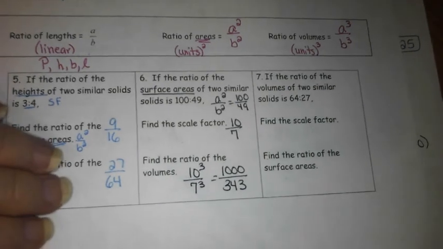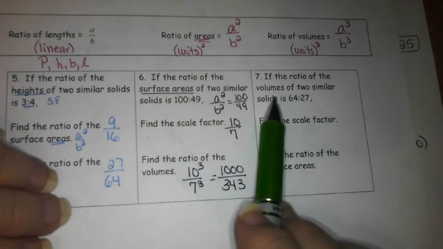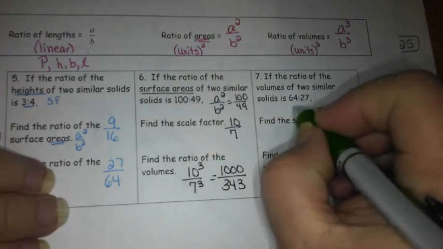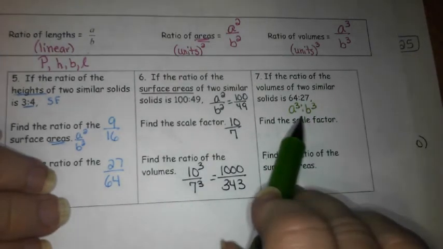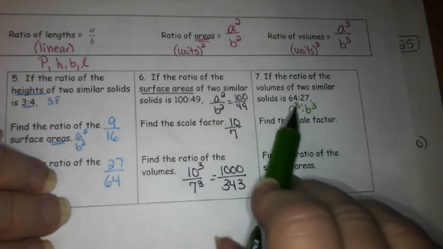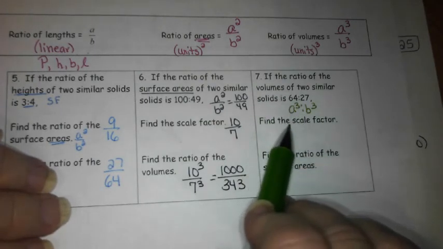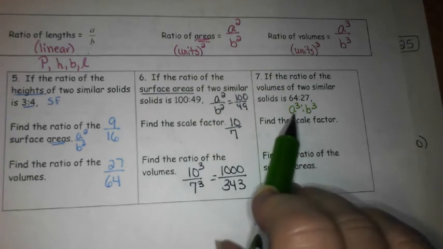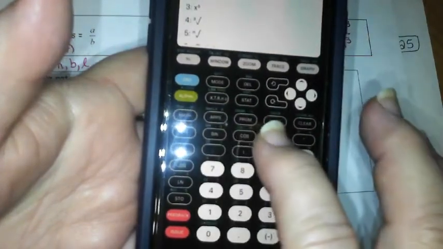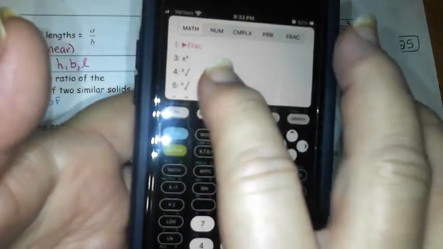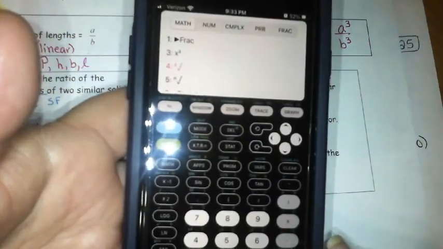And this last one, we gave you the ratio of the volumes. So remember, this is a cubed to b cubed when they give you the volume ratio. So we've got to go back to the scale factor first. Now, if you don't know what the cube root of 64 is, grab your calculator, go to math, and there is a cube root button right there on number 4.